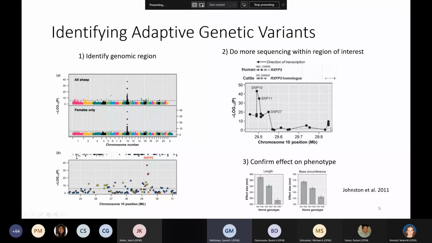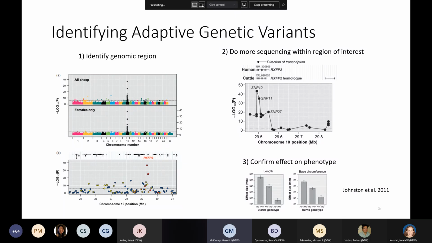So the next step is to do more sequencing within this region of interest, identify genetic variants that have a high association within that region, and then genotype more individuals for those specific variants to confirm that there's an effect on the phenotype. And in this case, you can see that there's a pretty strong effect on horn size and horn circumference based on the individual's different genotype.